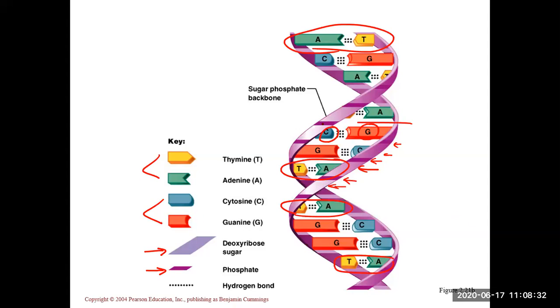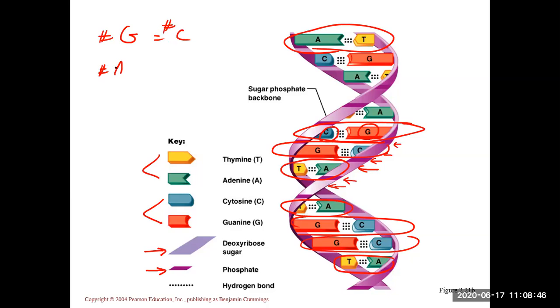C and G, C and G, G and C. So they're always pairing up. Basically the number of G's is equivalent to the number of C's, and the number of A's is equivalent to the number of T's.